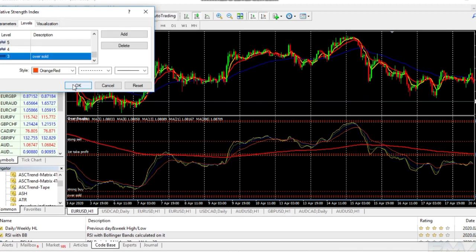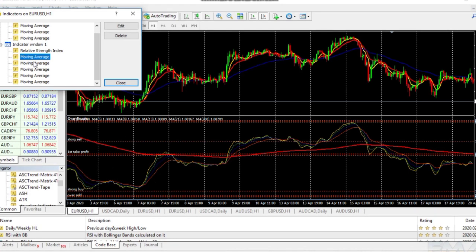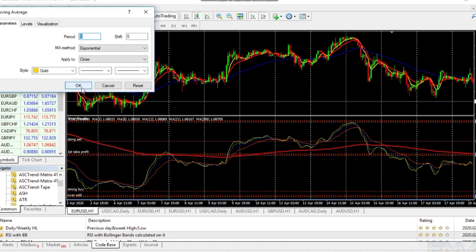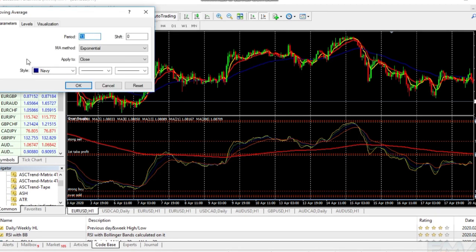Then you put in the moving averages. Once you're done with the setting, you start inserting moving averages in your indicator window. So I have moving average 5, everything is exponential, then 8. The colors don't really matter, but I use the same colors.